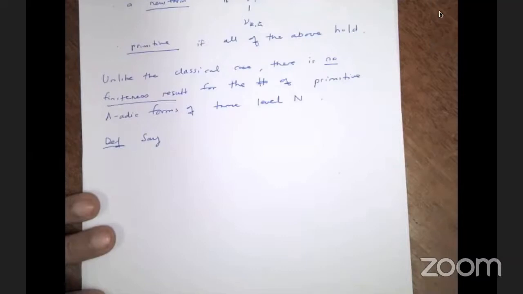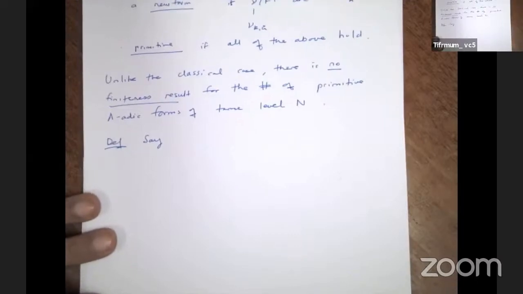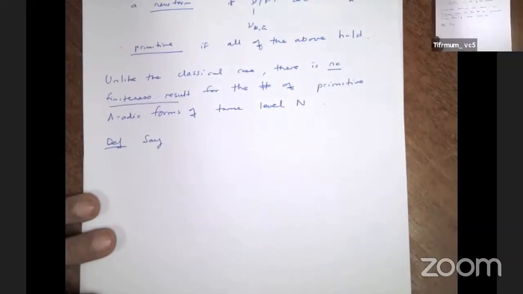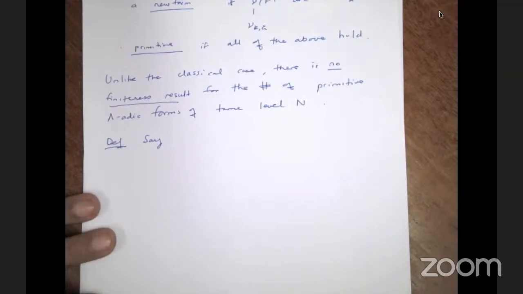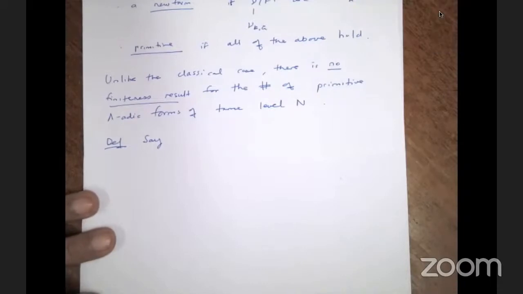Okay, so this is a rather remarkable thing, that the number of primitive forms whose p-adic valuation is 0 is more or less constant. Whereas if you allow arbitrary slopes, if you take the valuation of the p-th coefficient to be arbitrary, they're not constant. So there's no way to glue things together.